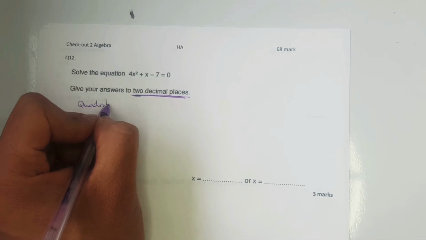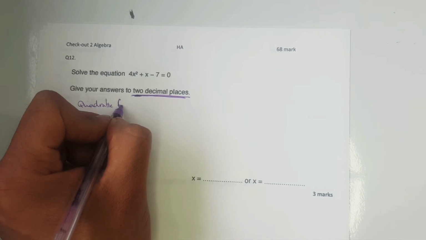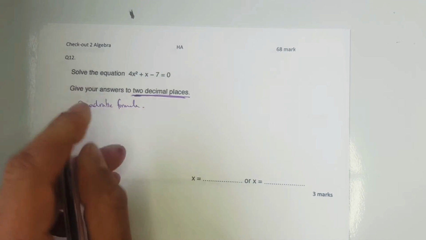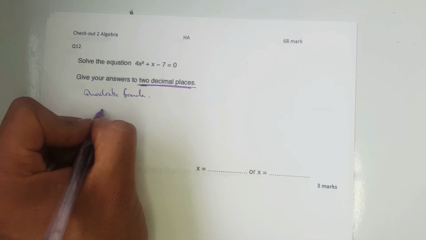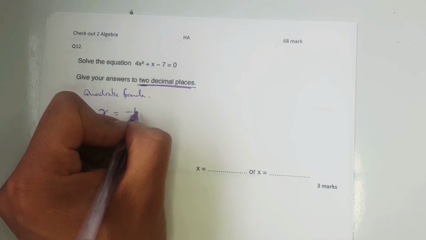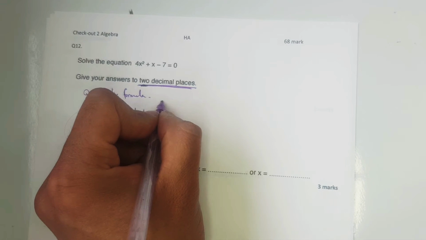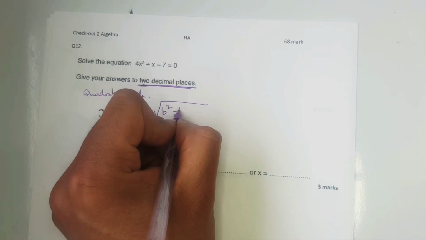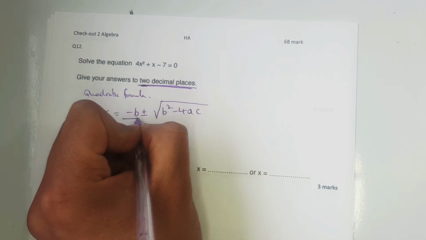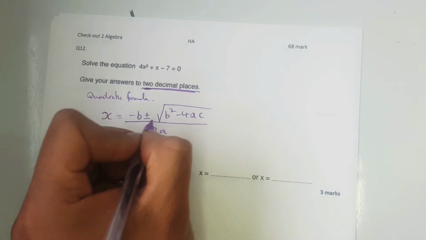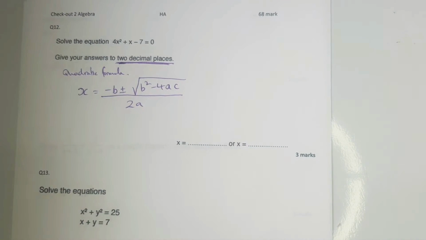The quadratic formula, you should memorize. And the formula is as follows. x equals minus b plus or minus the square root of b squared minus 4ac, all divided by 2a. You have to have that in your memory so you can use it anytime.